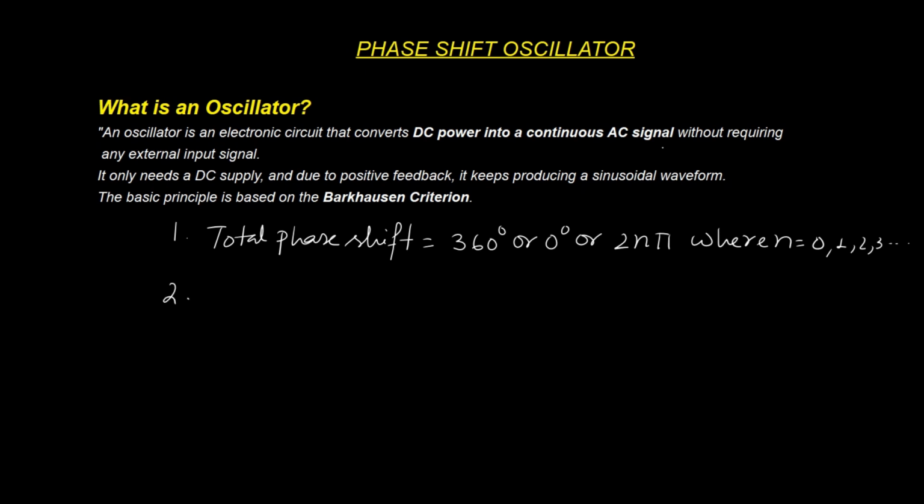And the second is the loop gain, which is modulus of Aβ equals 1.